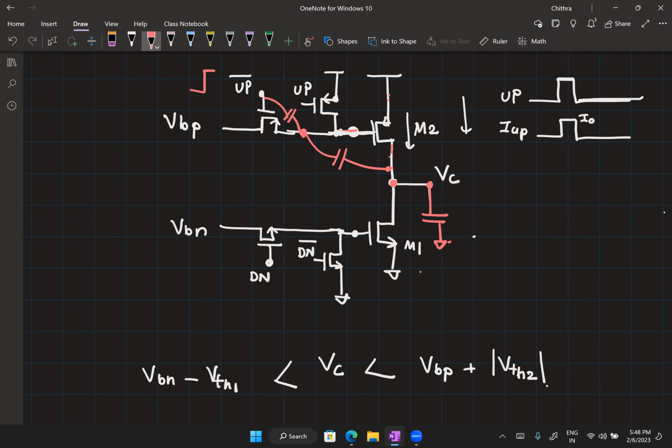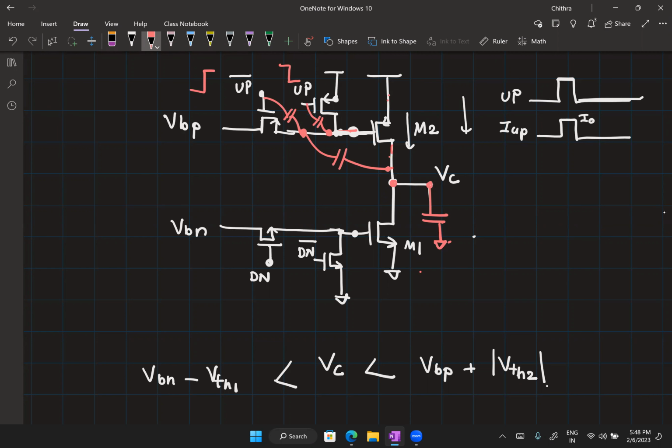Now, one more interesting fact that happens here is, if you are connecting the up bar here, if up bar is having a rising edge, up is expected to have a falling edge. And this falling edge will also couple to this node through this capacitance. Now, since both of them are PMOS transistors, it's possible to size them such that these parasitic capacitors have the same value.